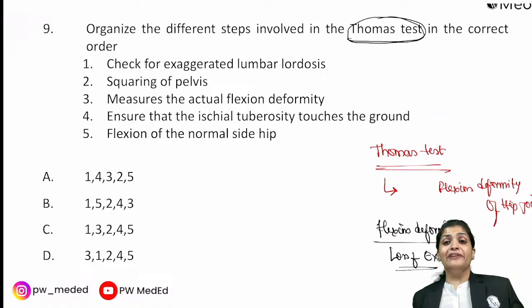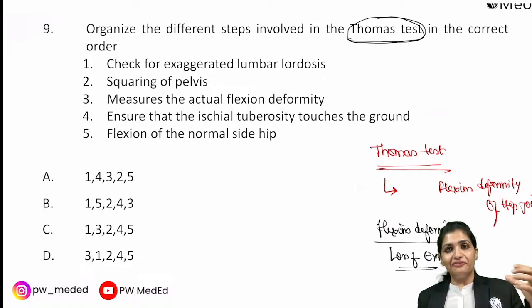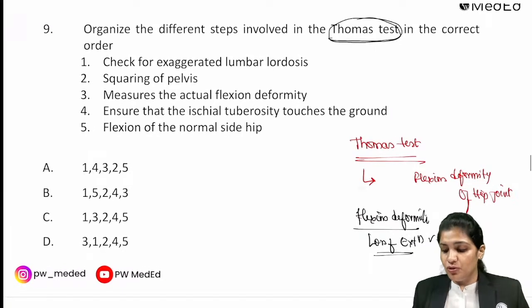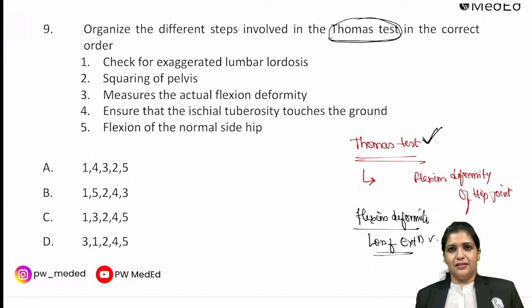Now you have to quantify this flexion deformity, and to quantify it you use what is called the Thomas test. Whenever there is a patient with osteoarthritis of the hip joint, this results in a flexion deformity.